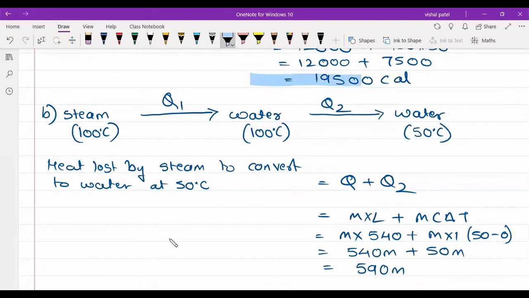Again, the same thing, students. See here, this is the heat which is absorbed by ice, from this heat. So these two heats should be equal. So see what we are writing.